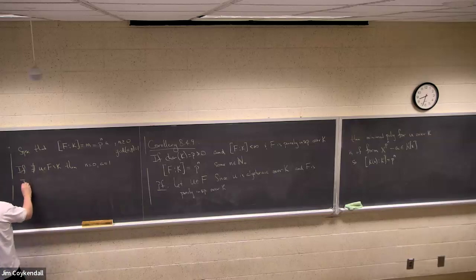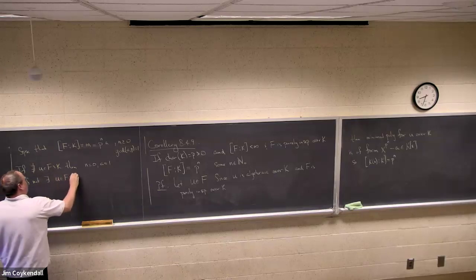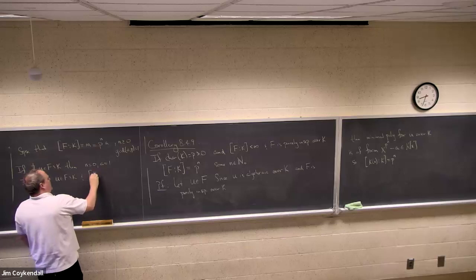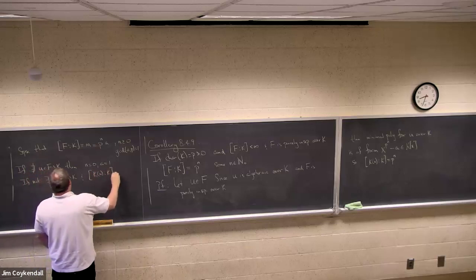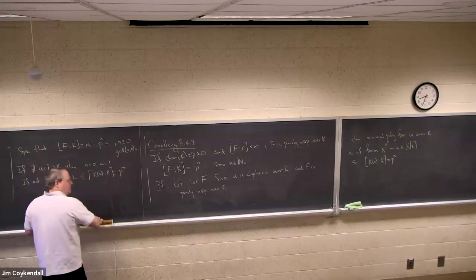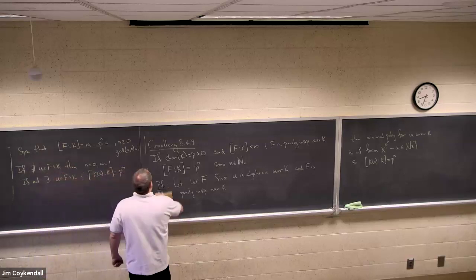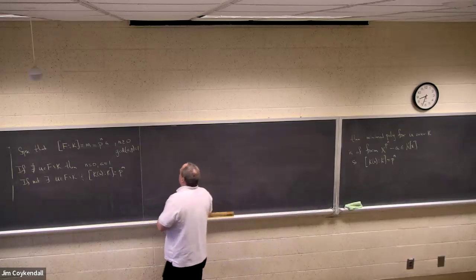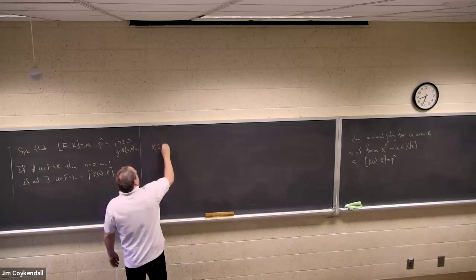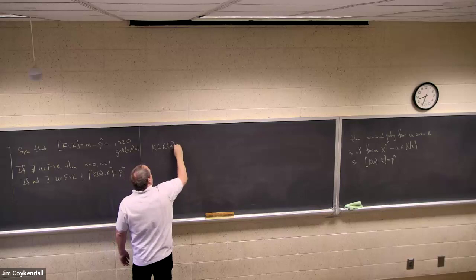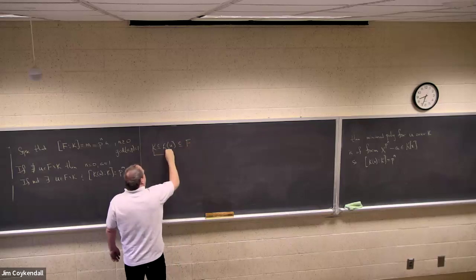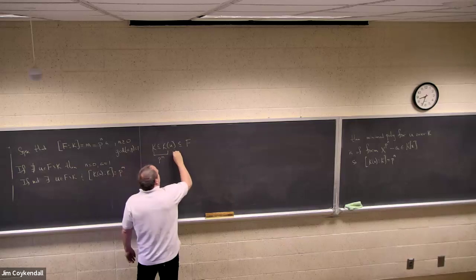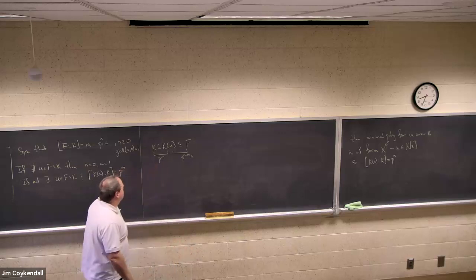If not, there exists. So now what we have is the degree here is p to the m. So the degree here must be p to the n minus m, correct?